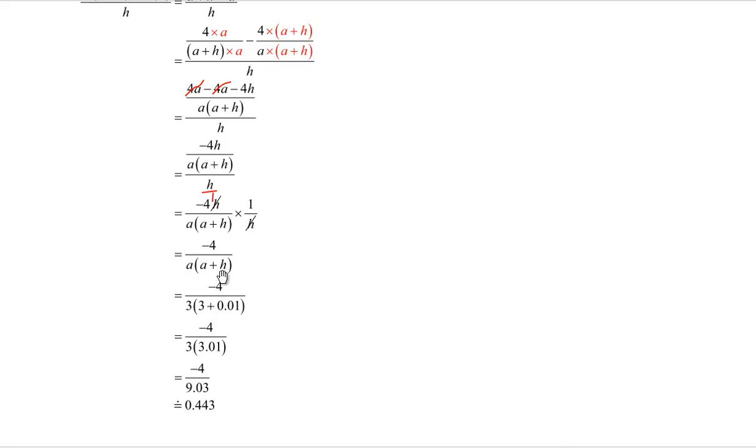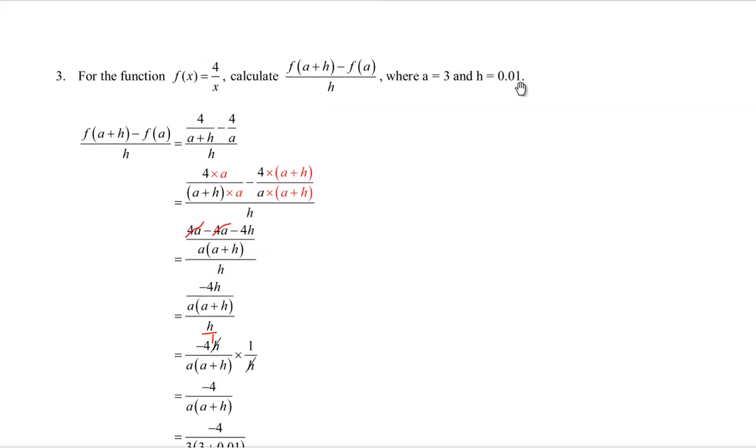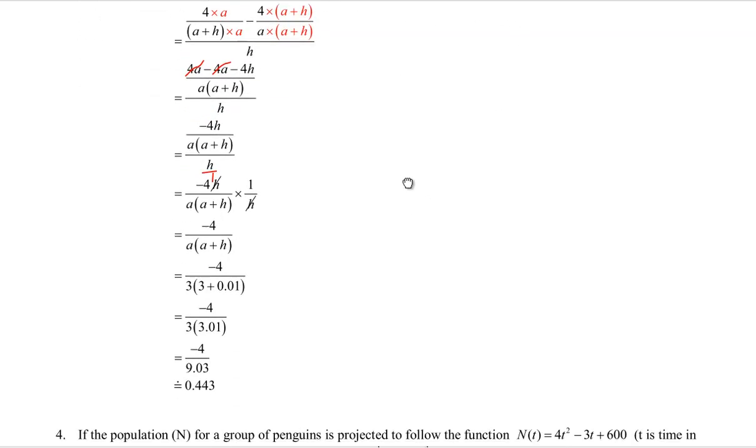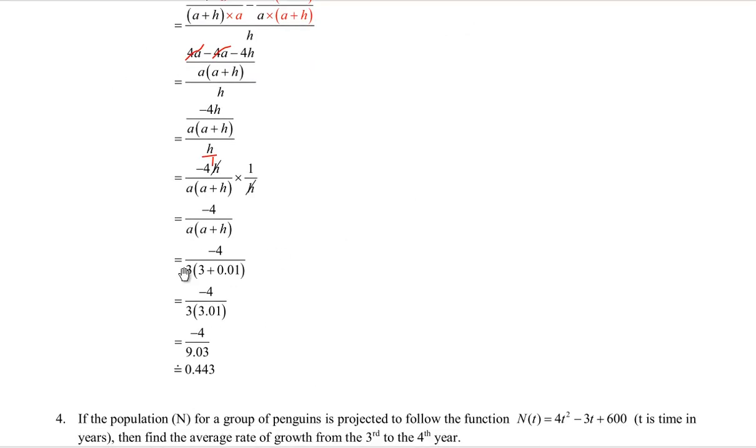And now that I've simplified this, I'm going to substitute my 3 in for a and my 0.01 in for h. So 3 in here, and 0.01 in place of h. So 3 plus 0.01 is 3.01. And then I can multiply it together to get 9.03. And we'll bring our calculator over here.